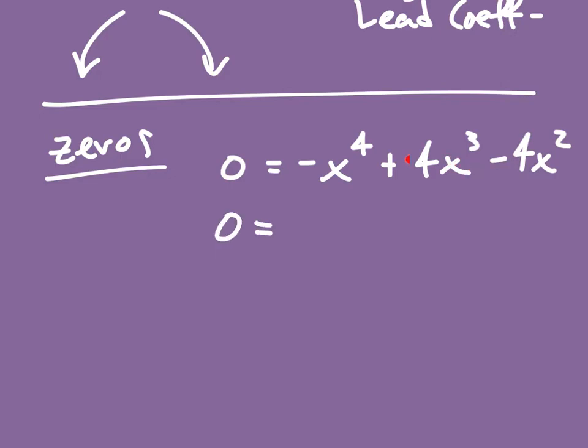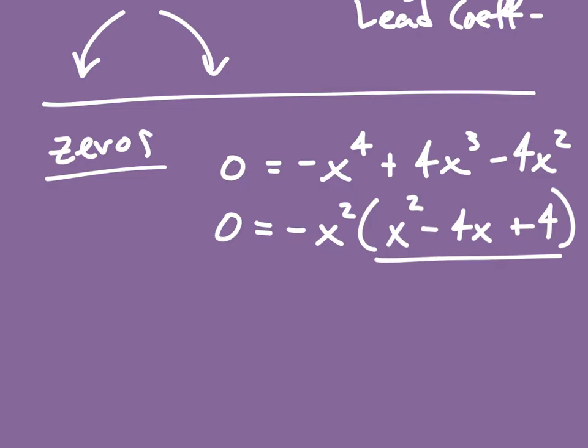Now I'm going to factor out a negative x squared, and it's because my leading coefficient is negative that I'm doing that. But then we're left with x squared minus 4x plus 4. From here, I can factor this polynomial.